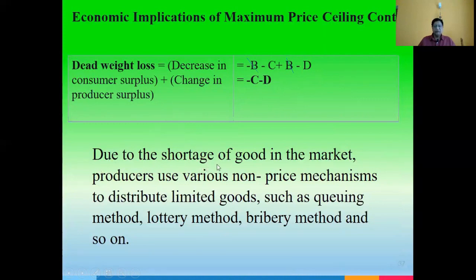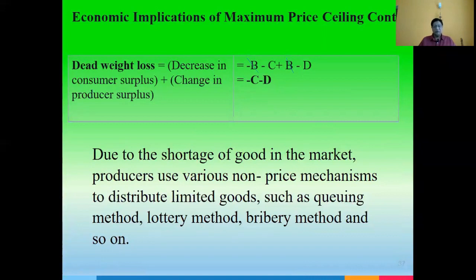Due to the shortage of goods in the market, producers use various non-price mechanisms to distribute limited goods, such as queuing methods, lottery methods, bribery method, and so on. When there is excess demand for the product in the market, producers can use non-price mechanisms to distribute the limited amount of the product.